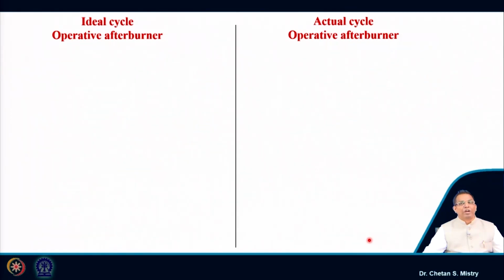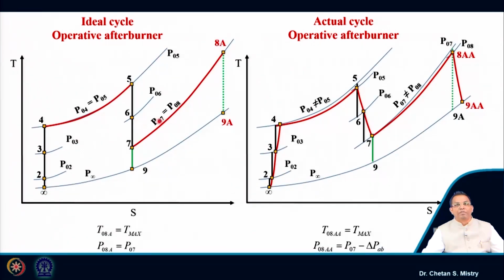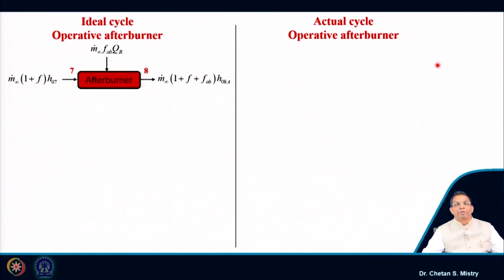Now, let us try to analyze this part. Let me consider the component as the afterburner component. My entry condition for the afterburner is 7 and the exit condition is 8. So, let me put it here: this is my state 7 and my state 8, and here I am adding heat by means of burning of the fuel.